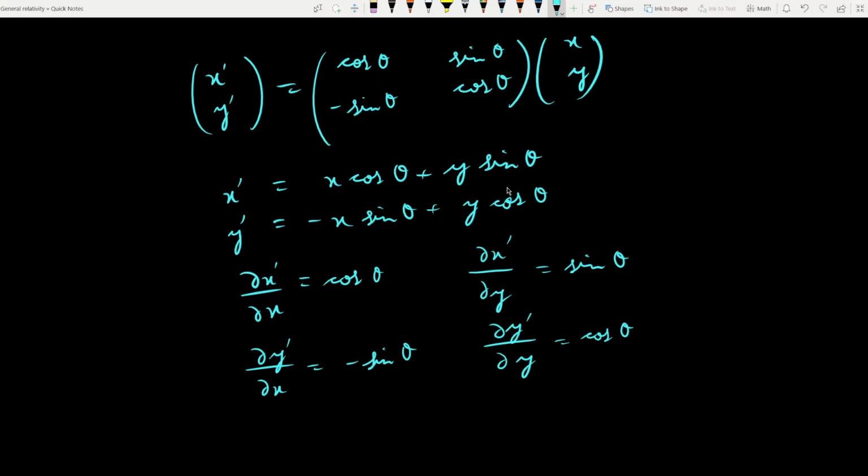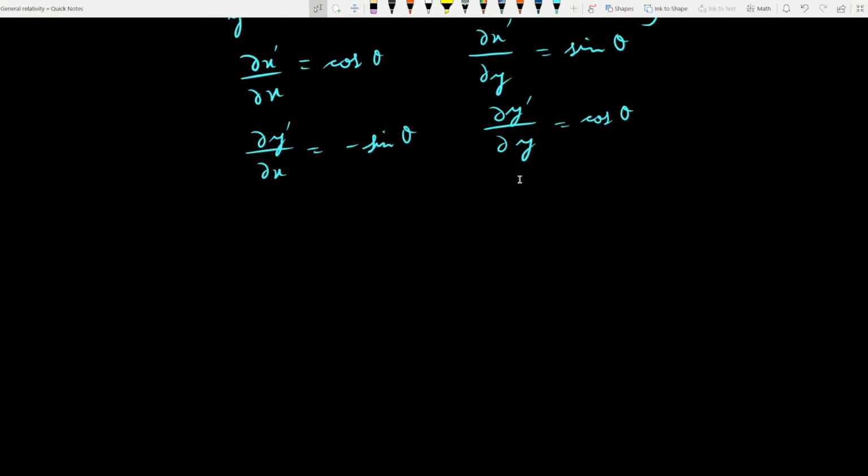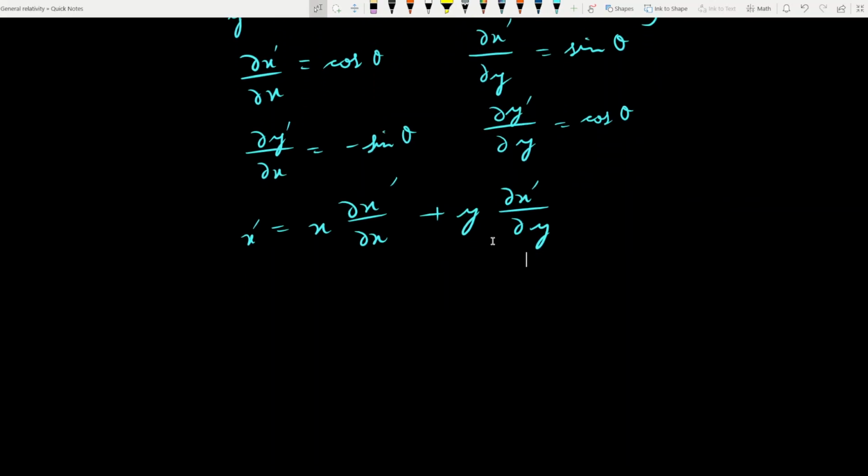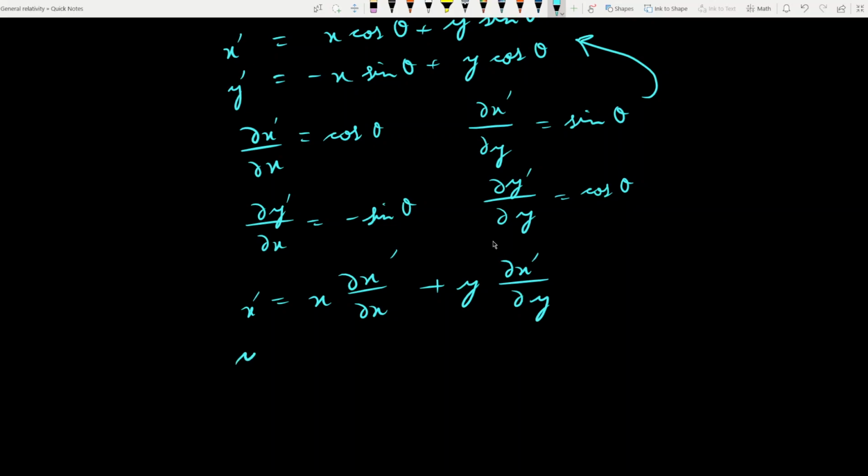So we can place these partial derivatives into our sets of equations. So x primed is equal to x times del x primed over del x, because del x primed over del x is just cosine theta, and we had x cosine theta here, plus y times del x primed over del y, and now we have y primed is equal to x times del y primed over del x plus y times del y primed over del y.